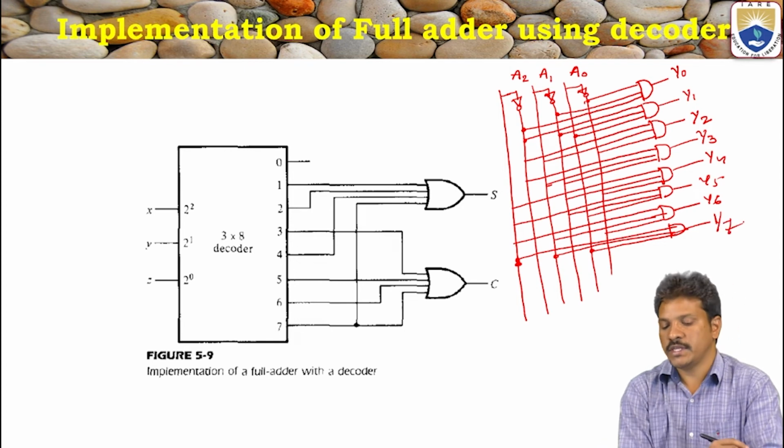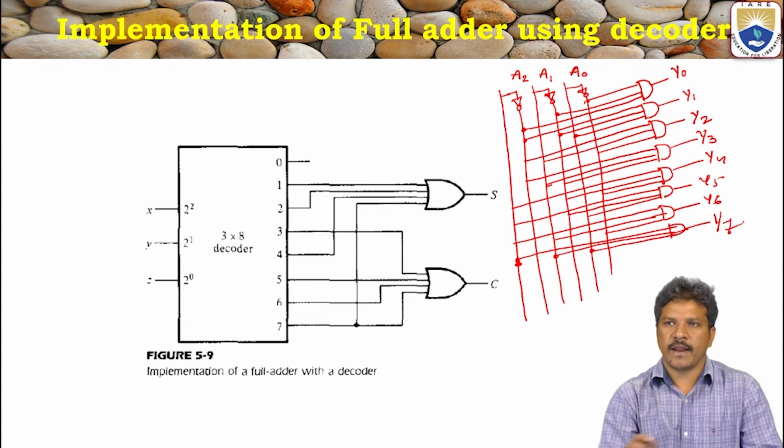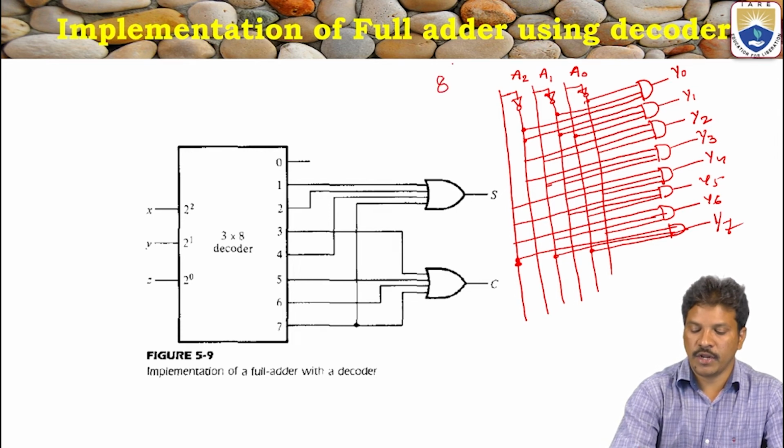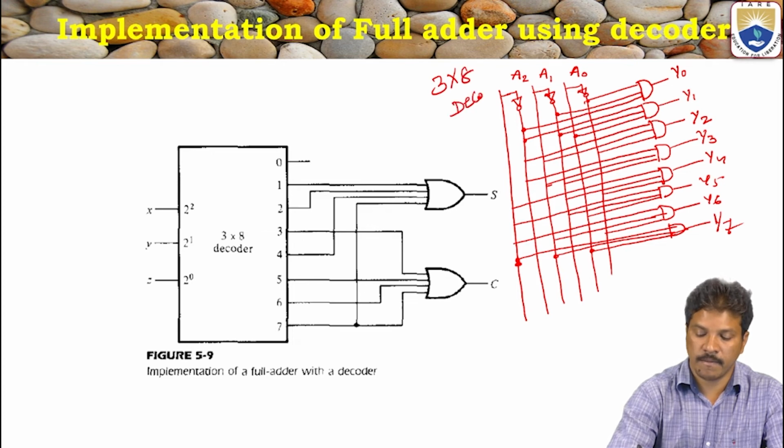This is the simple diagram. You need to get the 3 to 8 decoder logic diagram.